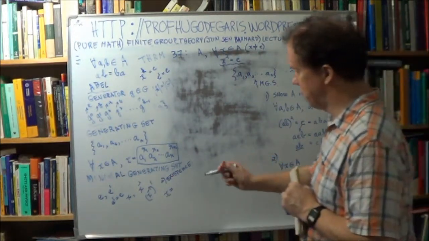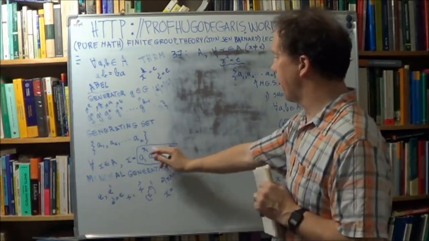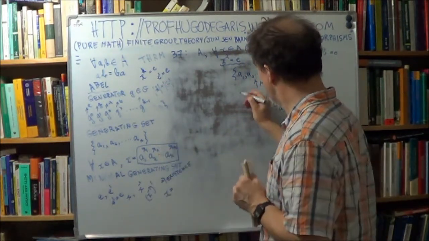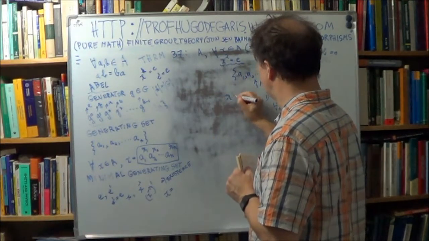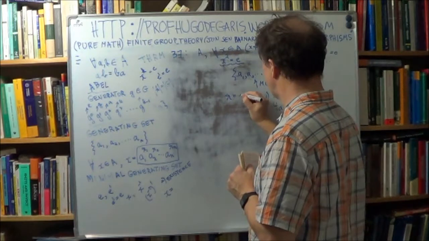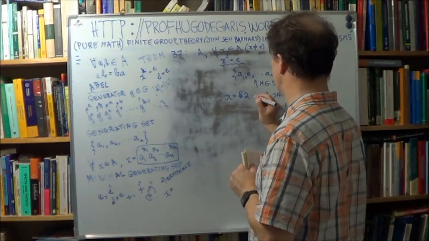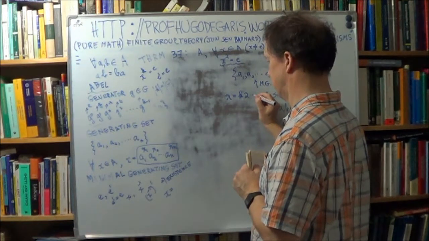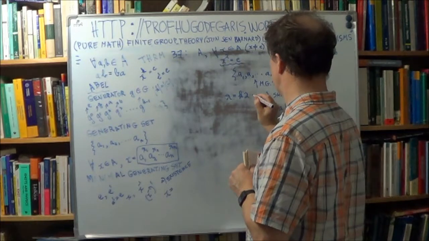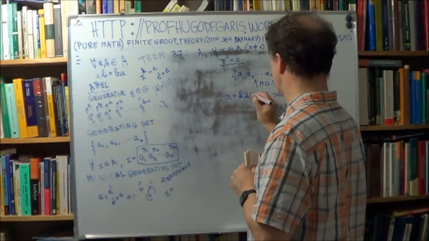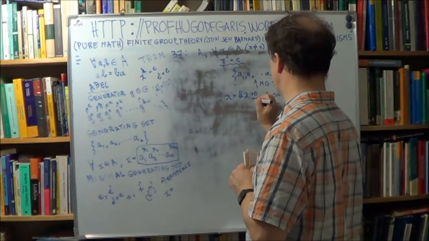So how to prove that? Well, these r's in general will be of the form 2k plus 0 or plus 1.